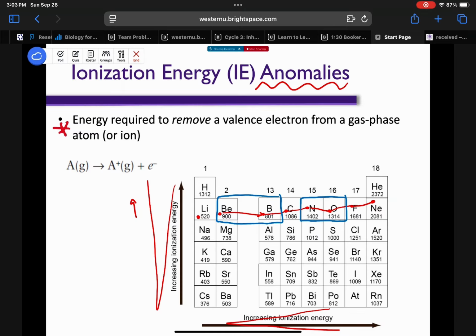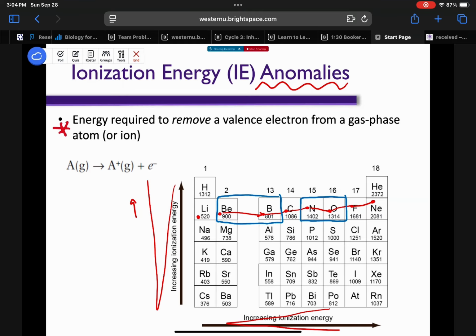As we go across the periodic table, the effective nuclear charge is getting stronger. The pull on those valence electrons is getting stronger. So you have to put in more energy to be able to steal an electron away from a smaller ion with a stronger effective nuclear charge compared to a larger ion with a lower effective nuclear charge.